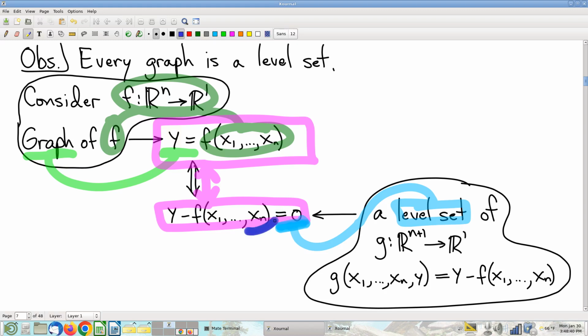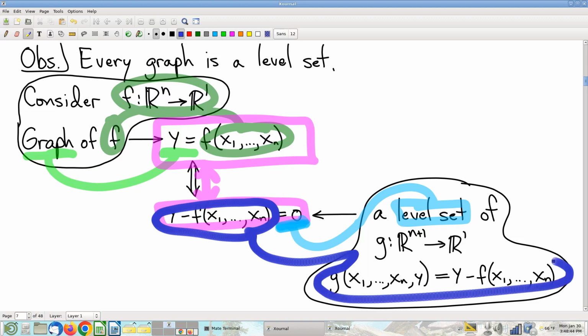And I can tell you exactly what we're looking at a level set of. The thing that I have set equal to a constant, in this case 0, is this new function. And you can see exactly what that function is. It's y minus f. Very importantly, this is not f. This is a totally different function.